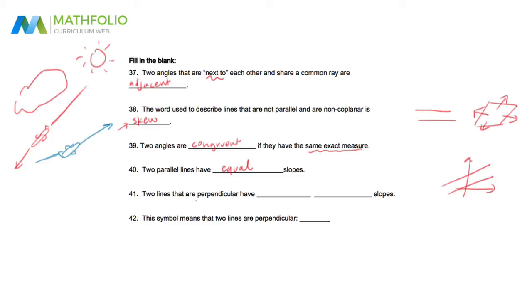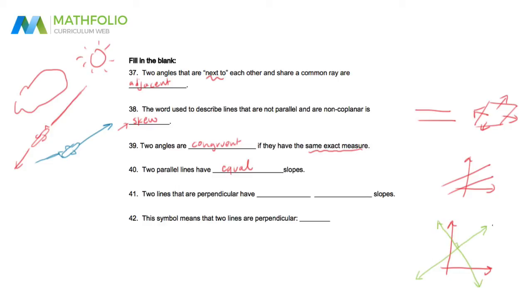Okay, two lines that are perpendicular. So let's think about our coordinate plane, two lines that are perpendicular. If you've got a line that goes like this, and then you have a perpendicular line, it would be like this.